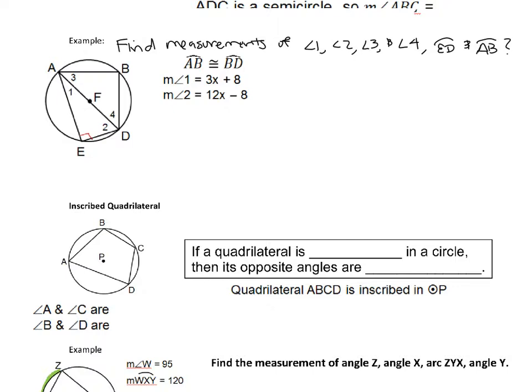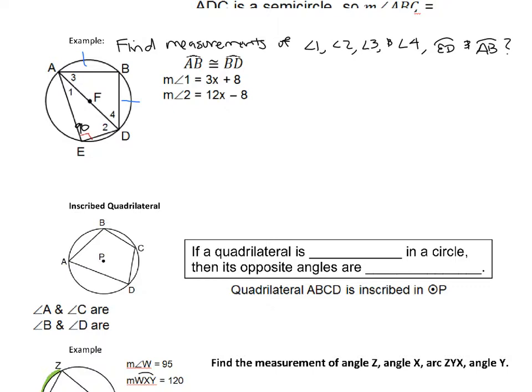They tell us that arc AB is congruent to arc BD. All right, fair enough. Now, they tell us that the measurement of angle 1 is 3x plus 8. The measurement of angle 2 is 12x minus 8. And we already know that the measurement of angle E here is 90 degrees.